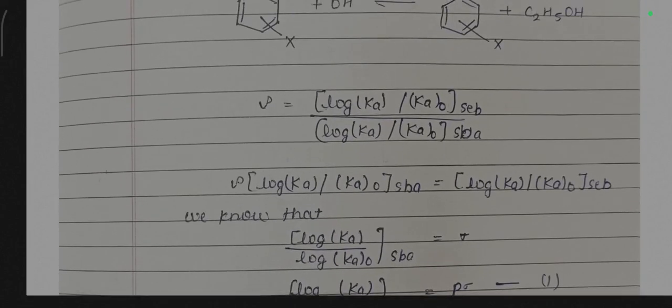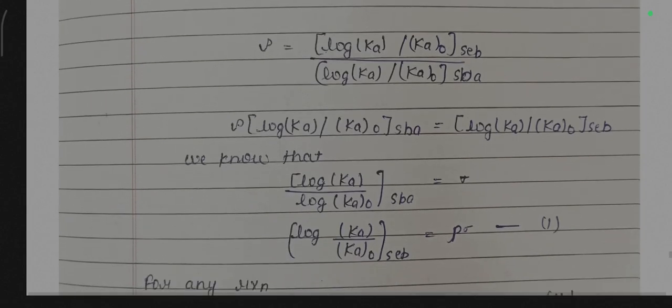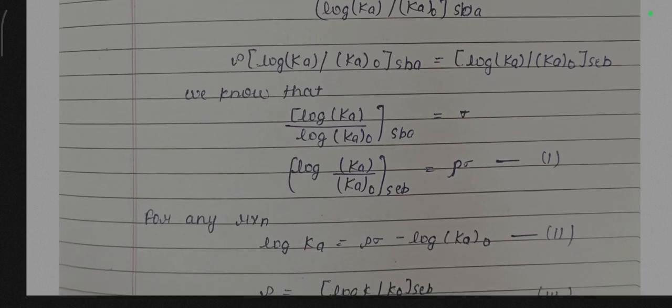Rho is equal to logarithm of K upon K naught upon logarithm of Ka upon Ka naught. Rho into logarithm of Ka upon Ka naught is equal to logarithm of K upon K naught. We know that logarithm of Ka upon Ka naught is equal to sigma, and logarithm of K upon K naught is equal to rho sigma.